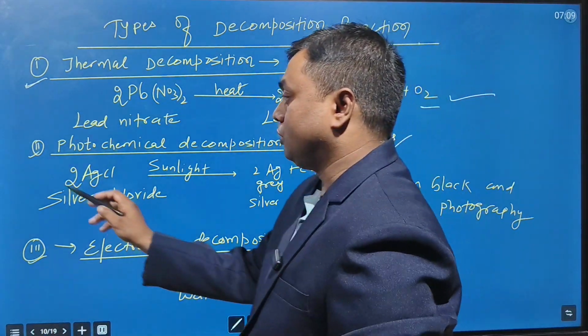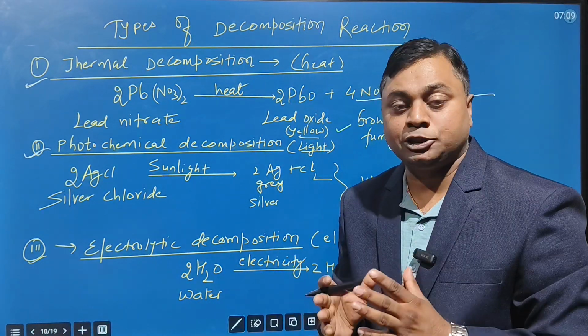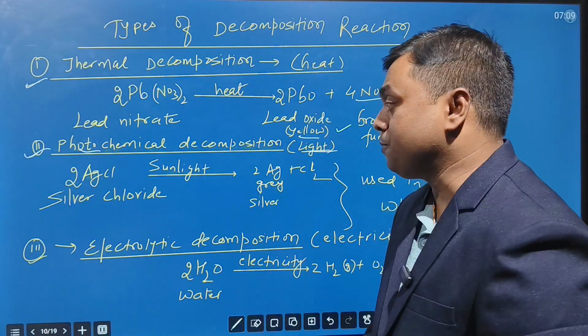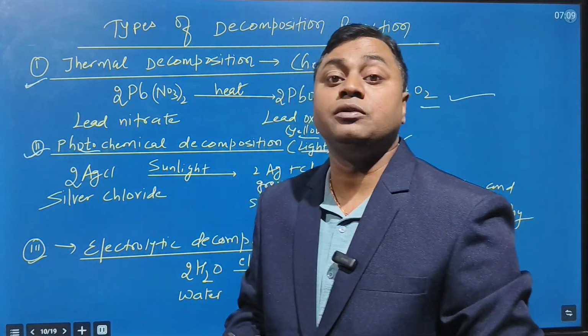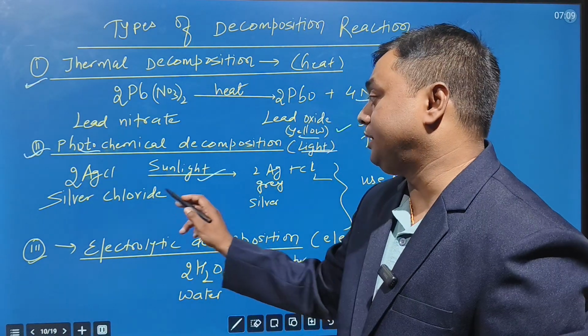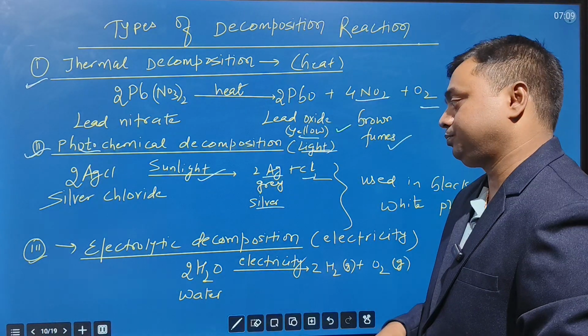Next, photochemical decomposition is a type of decomposition reaction which takes place with the help of light. Photo means light. For example, decomposition of silver chloride. Whenever silver chloride is exposed to sunlight, 2AgCl gives rise to 2Ag and Cl2.